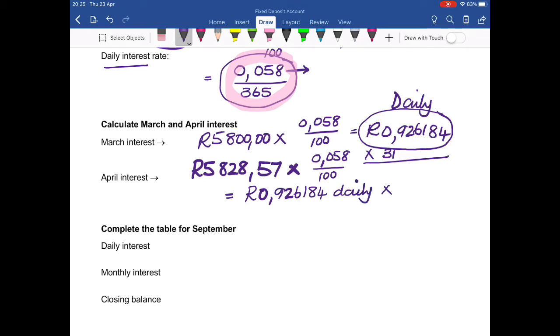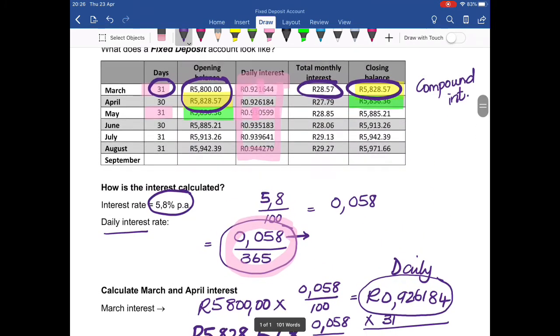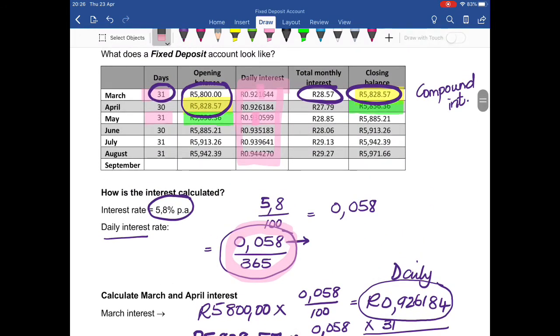April has 30 days, so I'm going to multiply that by 30. If I multiply that by 30, I get 27.79. And then I would add the 27.79 onto the 5,828, and that would give me my closing balance in April of 5,856.